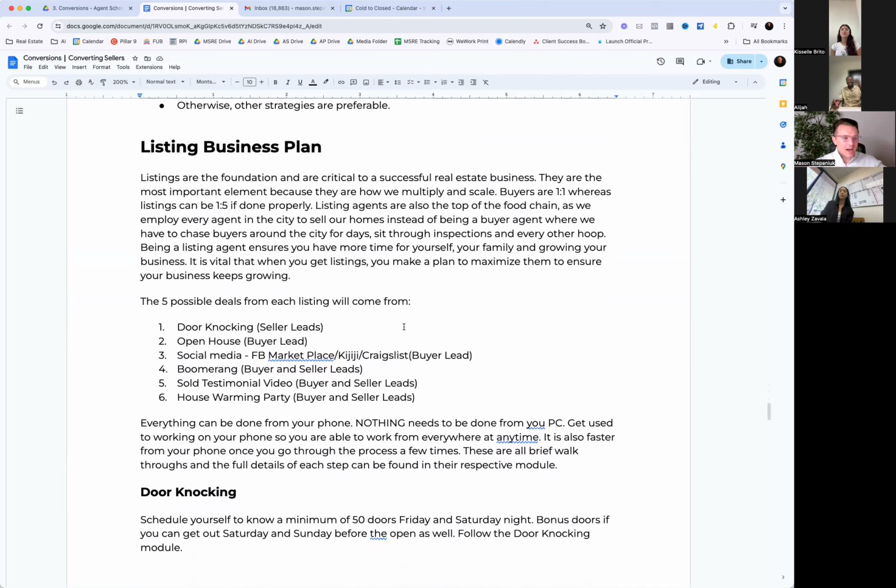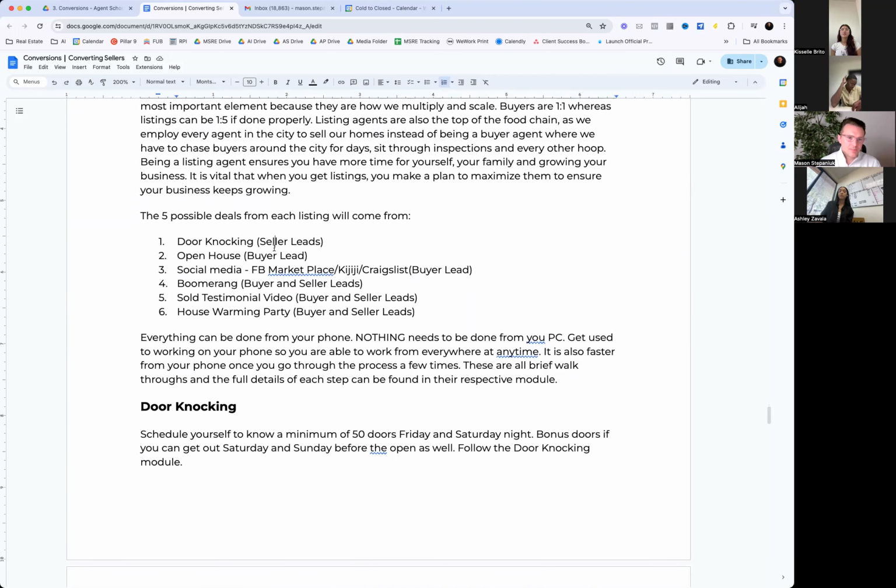And this is exactly how we can turn our 1 listing into 2, 3, 4, 5 additional deals. Okay. So the first is going to come from hosting an open house and supplementing it with knocking the doors around the area and letting them know that you have a listing that's coming live and you just want them to come through the property.